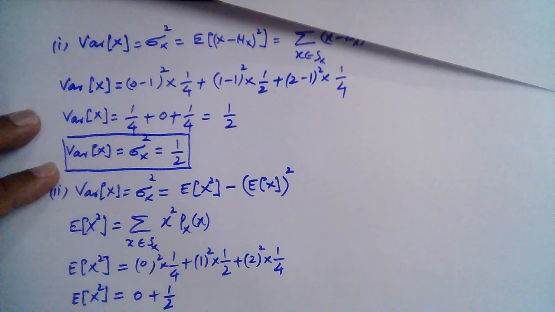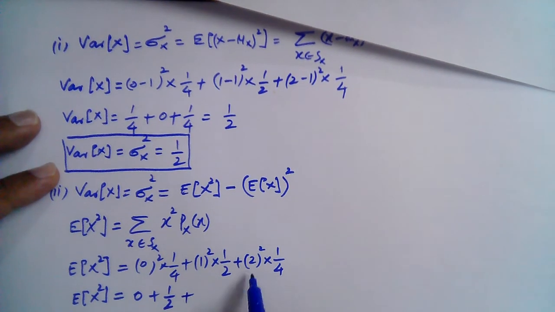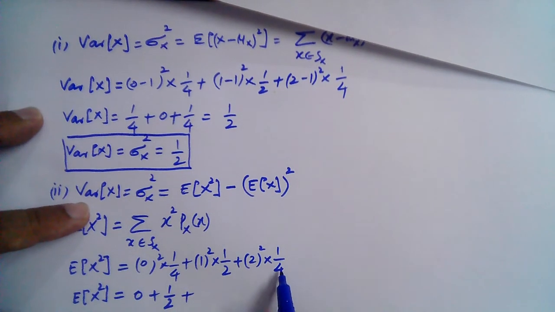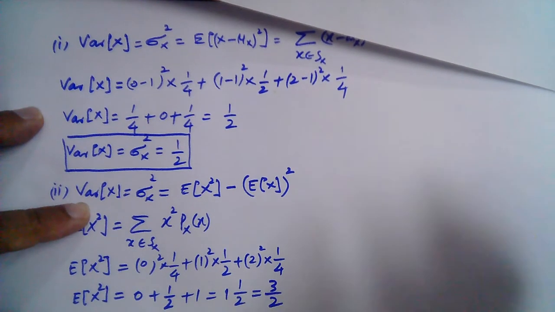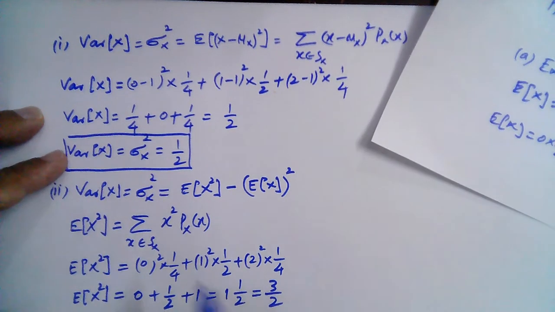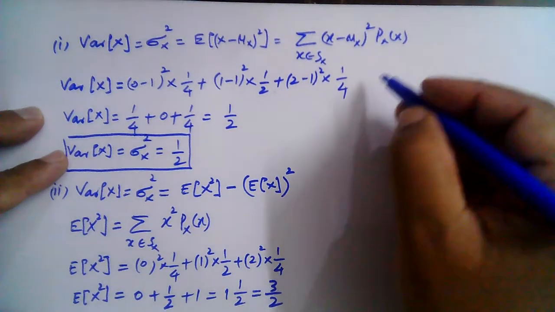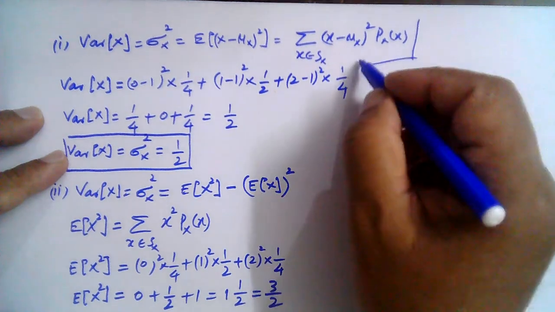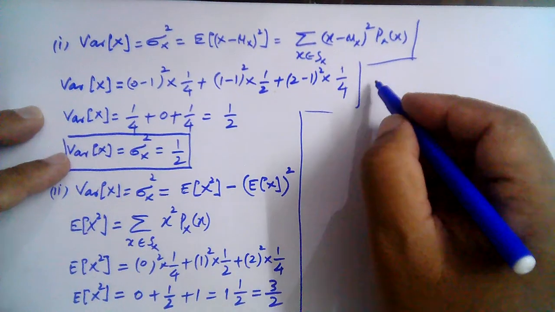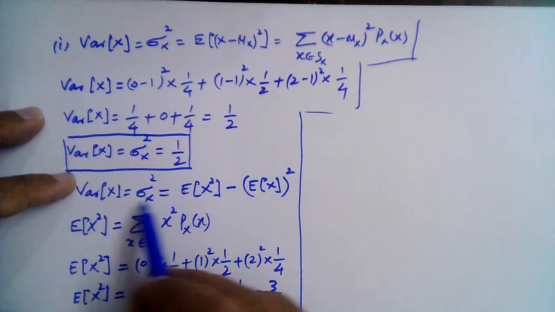And this is 2 squared is 4 multiplied by 1 over 4, this is 1. So this is 1 and 1 over 2, or 3 over 2. So this is the expected value of x square, but we are not finished yet. We still need to find the value of the variance of x. The variance of x is given by this formula.